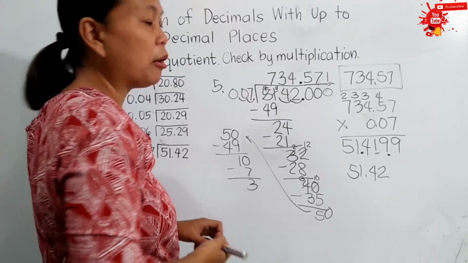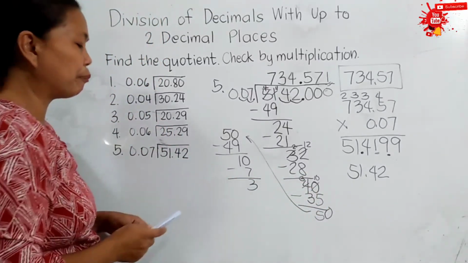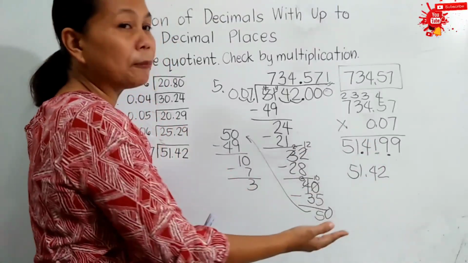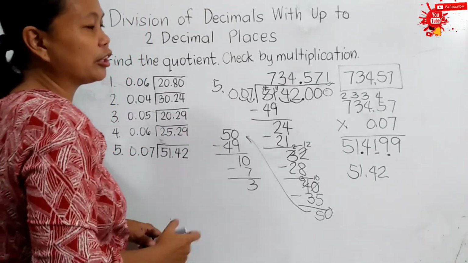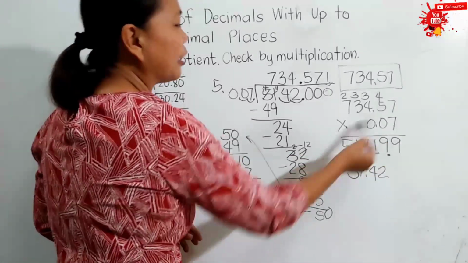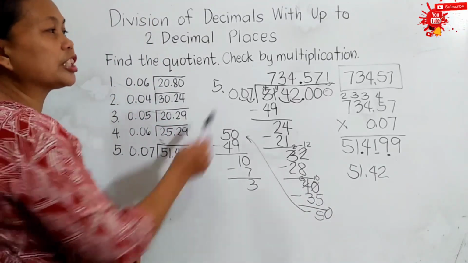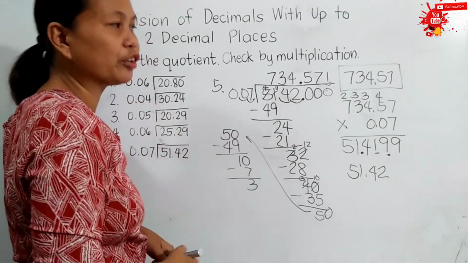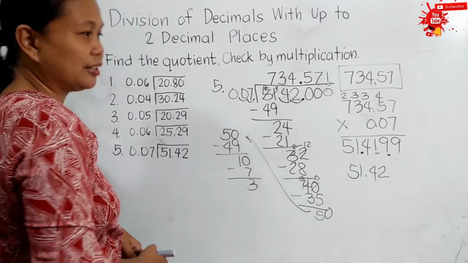Kaya magiging 51.42. And it is nearer for the value of 51.42. So, kaya siya hindi exact, ay nag-round off kasi tayo. So, yun yung reason. Pero, dahil pag nag-round off tayo sa ating product, at the same siya with our dividend, so, na-check naman natin siya by multiplication na tama yung 734 and 57 hundredths.